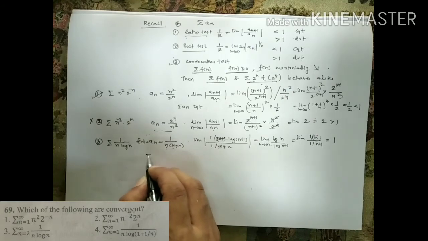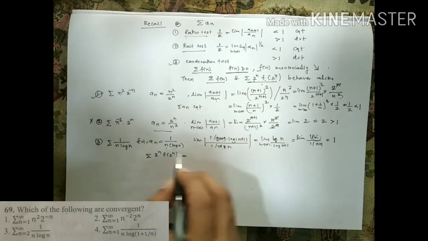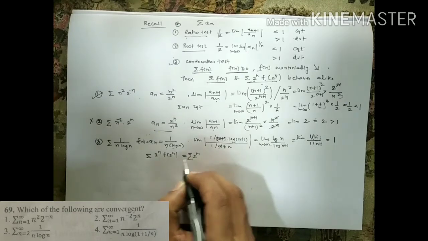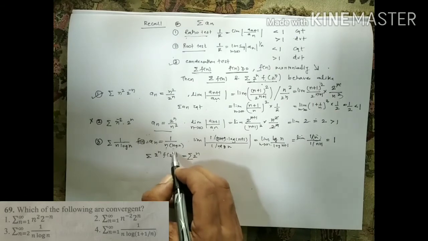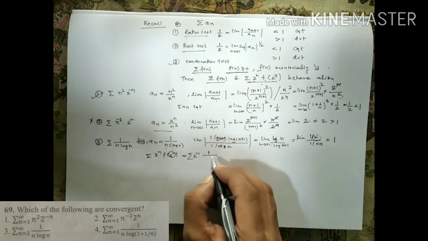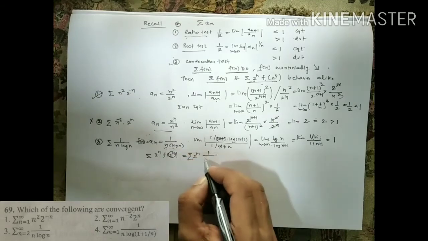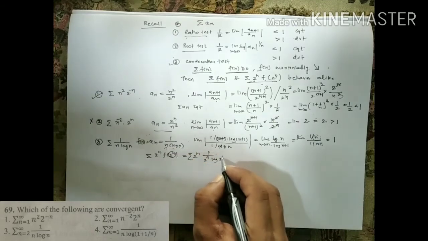Now we have to look at this series, 2 raised to n f of 2 raised to n. What is f of 2 raised to n? I just have to replace n by 2 raised to n. So how will it look? 1 upon n replaced by 2 raised to n, and again the log n also replaced by 2 raised to n.